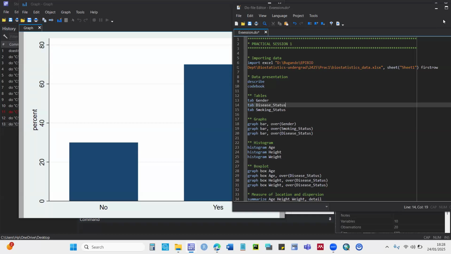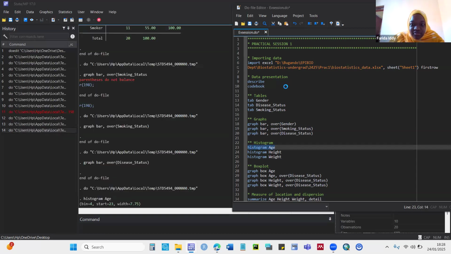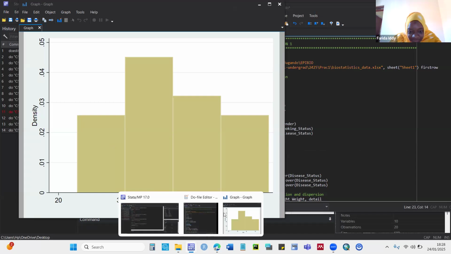Looking back to this histogram for age, it is almost normally distributed. Let me see if I can draw.